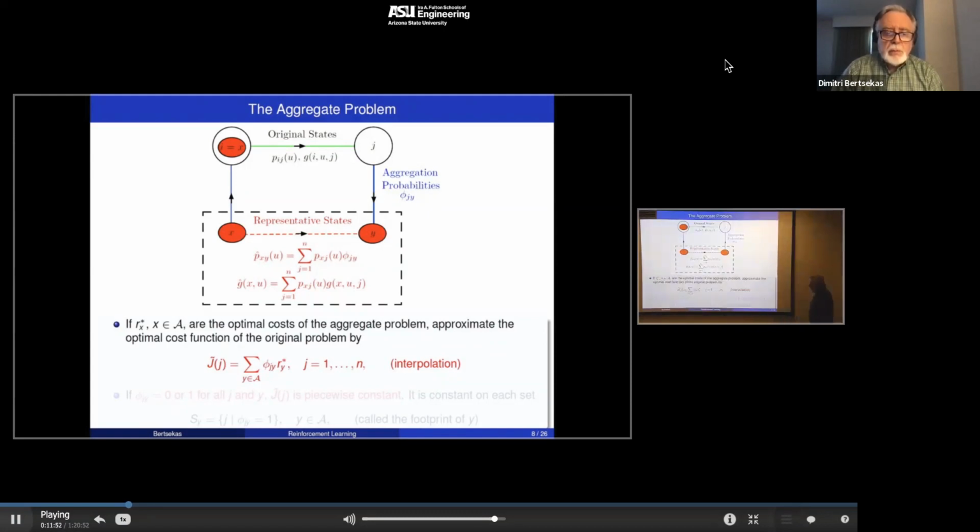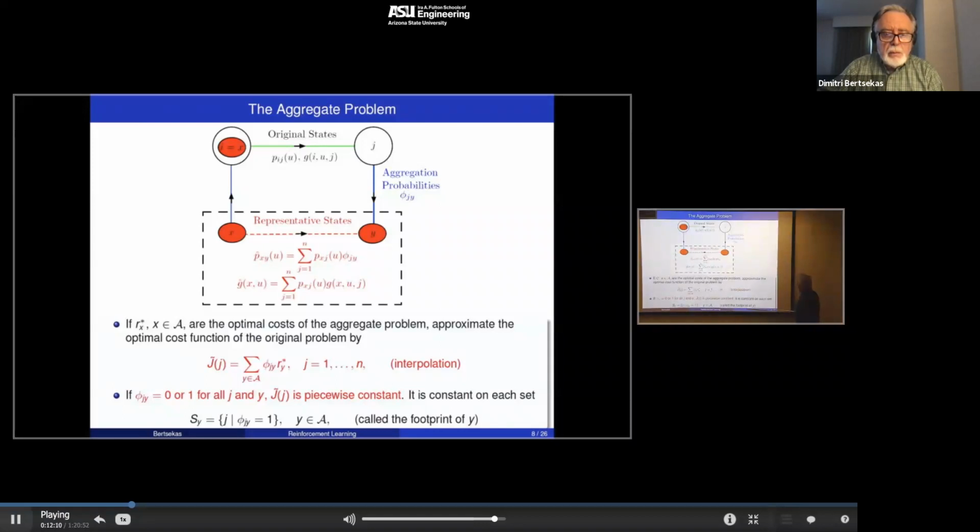Now, in the case where the phi's are either 0 or 1, then I have a piecewise constant approximation. Why is it piecewise constant? Because all the phi's here are going to be zeros except for one. That's going to be 1.